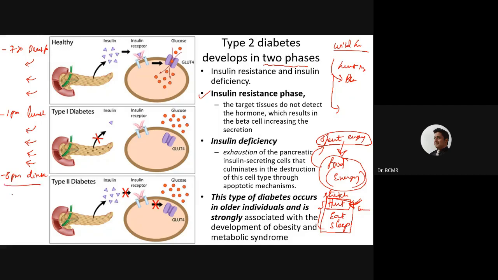That means we take in so many calories, and we don't spend them. Spending is not there. For you people as youngsters, your metabolic rate is high. Therefore, whatever you take in, you will expend in terms of your activity or heat and other things.